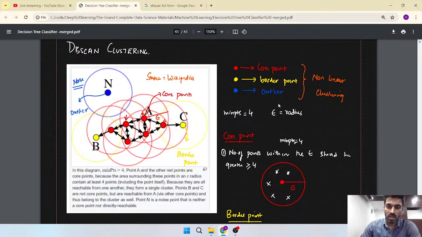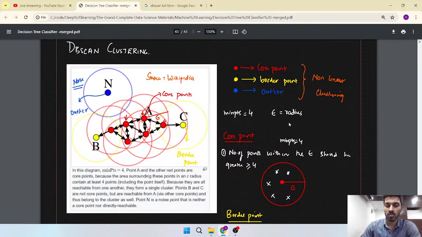Now again, let me tell you what the core point, border point, and outlier are. A core point means the number of points will be greater than min points within the radius epsilon. Epsilon and min points are hyperparameters. At the time of training, you have to change these and see which gives the higher accuracy.